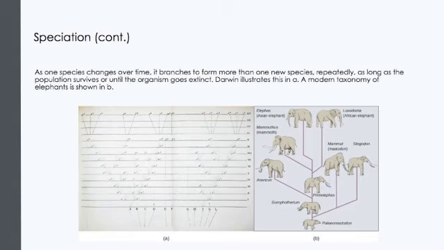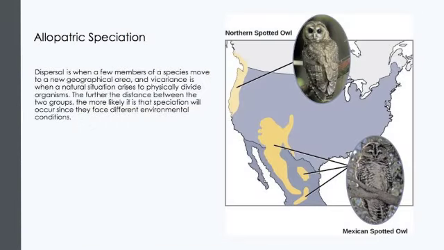Moving on, as one species changes over time, it branches to form more than one new species, repeatedly, as long as the population survives or until the organism goes extinct. Moving on, several geological processes can fragment a population into two or more isolated populations.